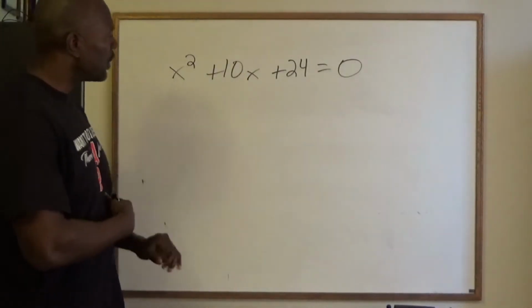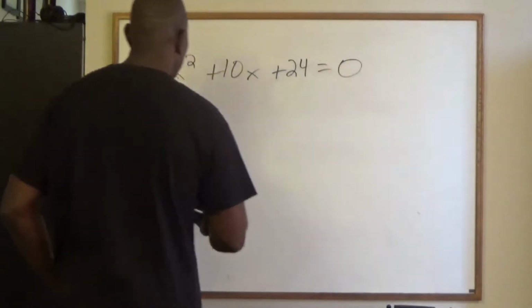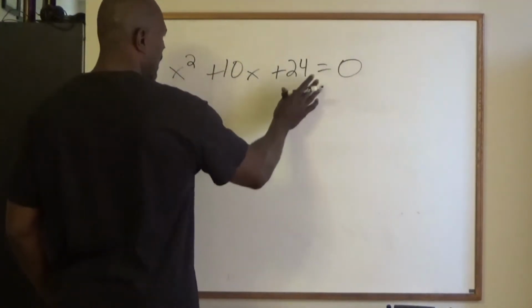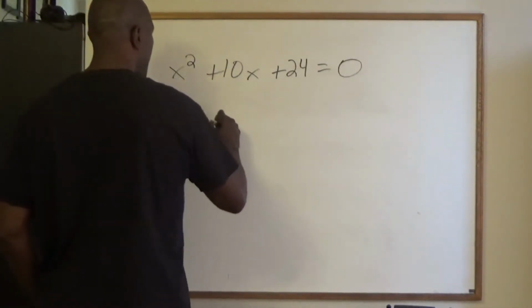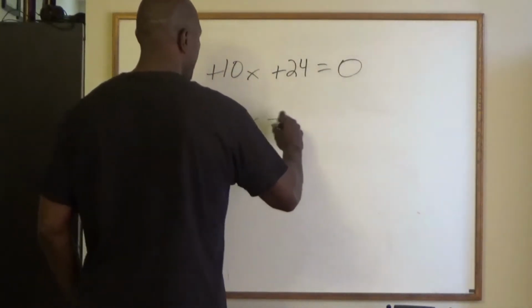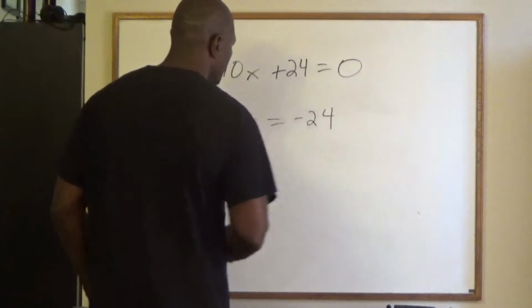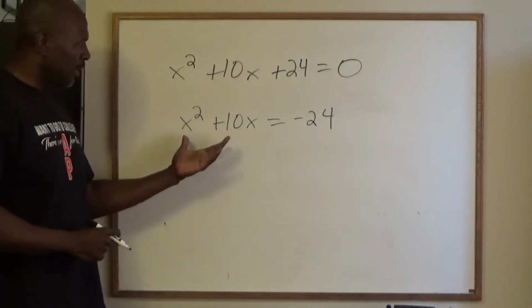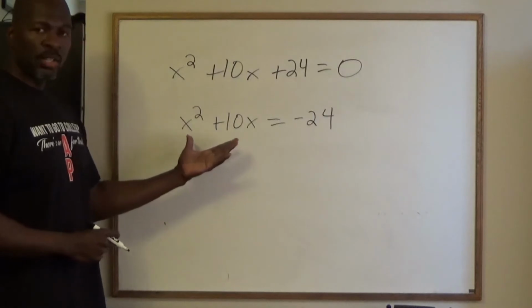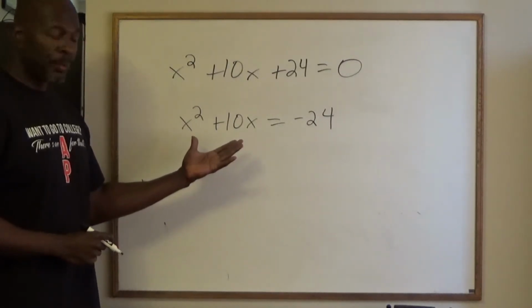So to solve with completing the square, what we like to do is move whatever constants we have to the right side of the equal sign. And then we want to turn what's on the left-hand side into a quadratic trinomial perfect square.